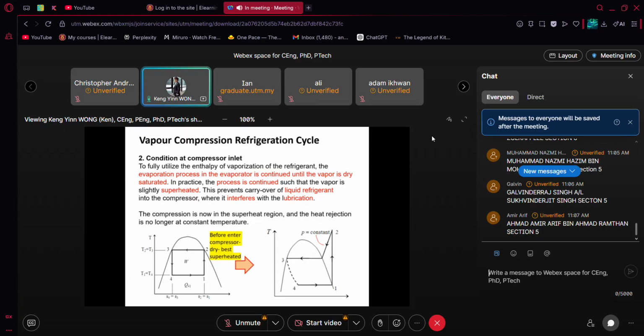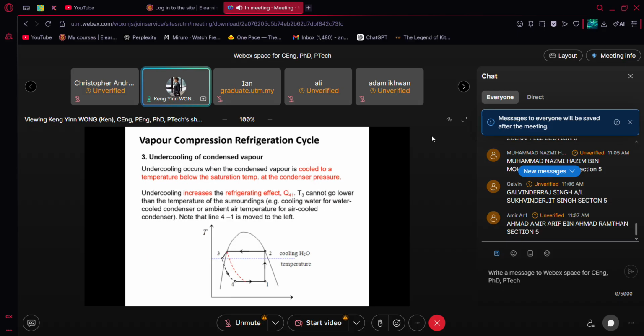Okay, so next one. This is one of the approaches to eventually increase back your refrigerating effect. Can you see that? The red one here. Without undercooling, your refrigerating effect is only here, the red line until the 1.